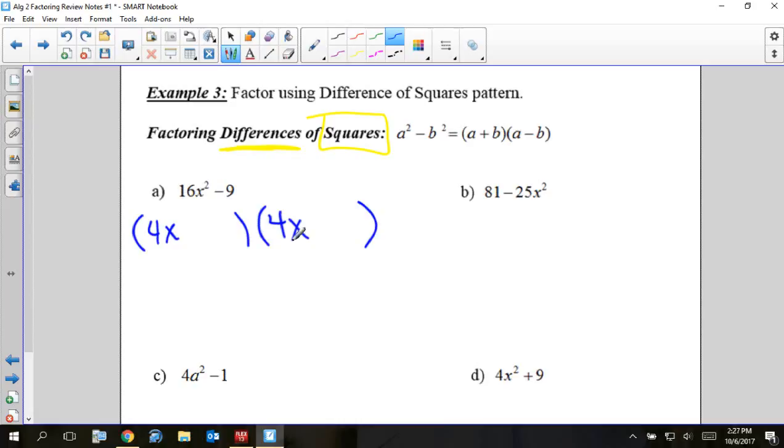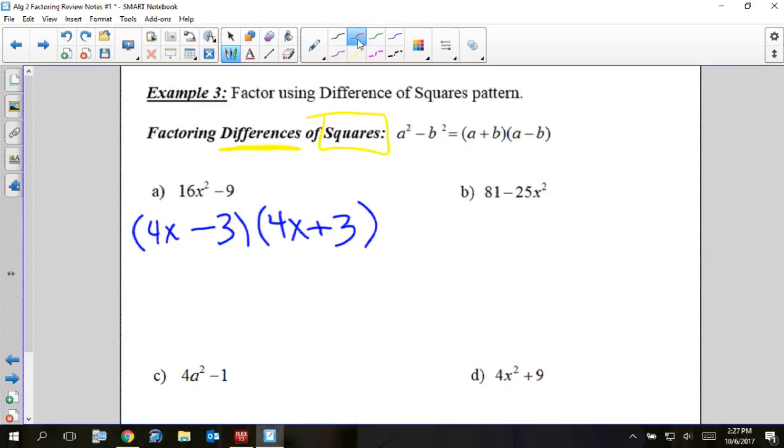So what do I multiply together to give me minus 9? A negative 3 and a positive 3, and it does not matter which one you write first. And if you're not sure if you did it right, you can FOIL it back together. First is 16x squared. Outer is plus 12x. Inner is minus 12x. They cancel out. Last is minus 9. So that's difference of squares.